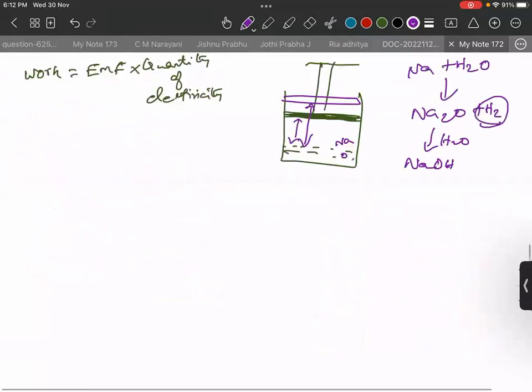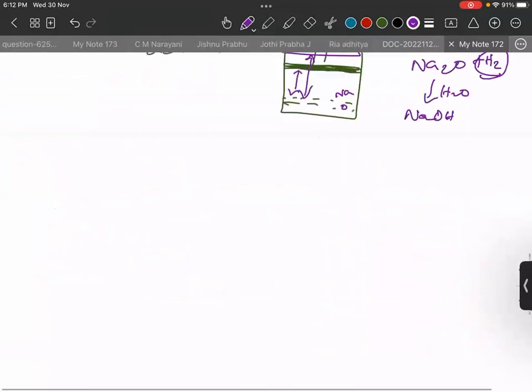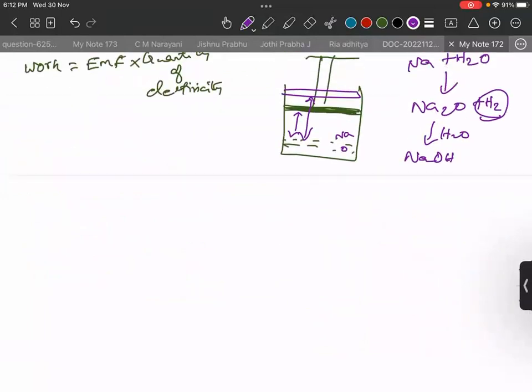So now we are going to see about heat. What is heat? We are saying it as just work in the form of energy. So energy can be exchanged between the system and surrounding, no doubt about it.